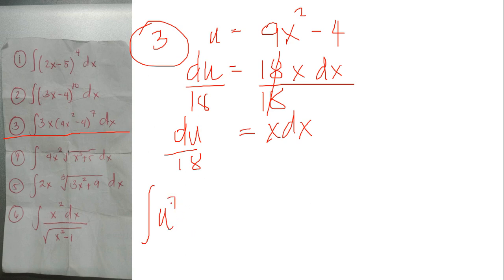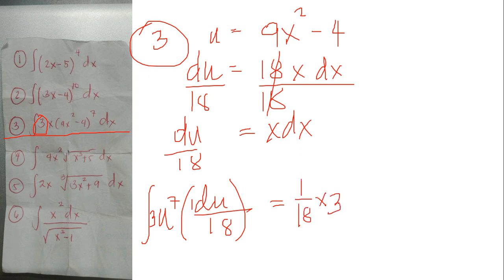So, u raised to 7 yan, tapos du over 18. Tapos, meron siyang 3 sa harap. So, it's equivalent to 3 times 1 over 18, times the integral of u raised to 7, which is u raised to 8 over 8 plus c.